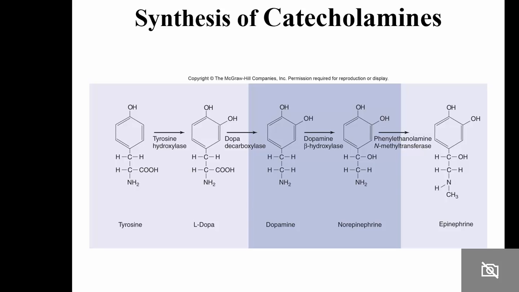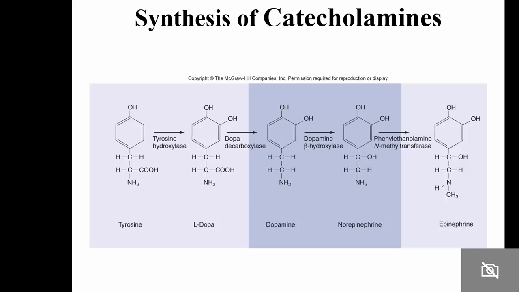But this is the pathway. You should know the pathway. So you need tyrosine, right? Tyrosine hydroxylase is the enzyme that converts tyrosine to L-DOPA. Dopa decarboxylase converts L-DOPA to dopamine, which is then converted by dopamine beta hydroxylase to norepinephrine, and then it's converted to epinephrine.